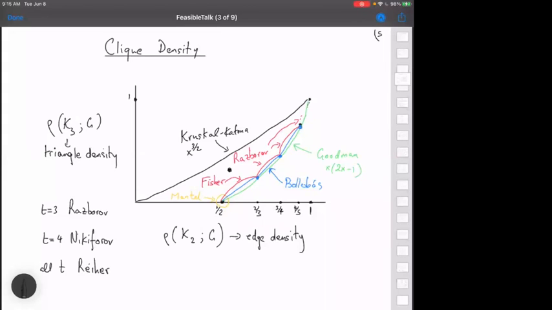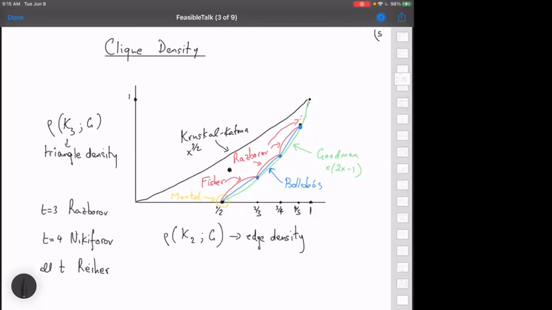And then there was a sequence of theorems beginning with Goodman's theorem, which is the green curve, x times 2x minus 1, which gave you a lower bound on the number of triangles in a graph with a given number of edges. And then Bollobás interpolated between various points on this green curve to draw straight line segments.